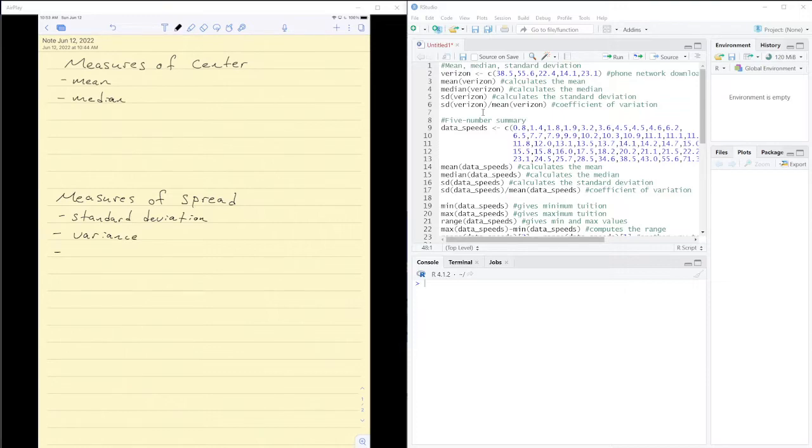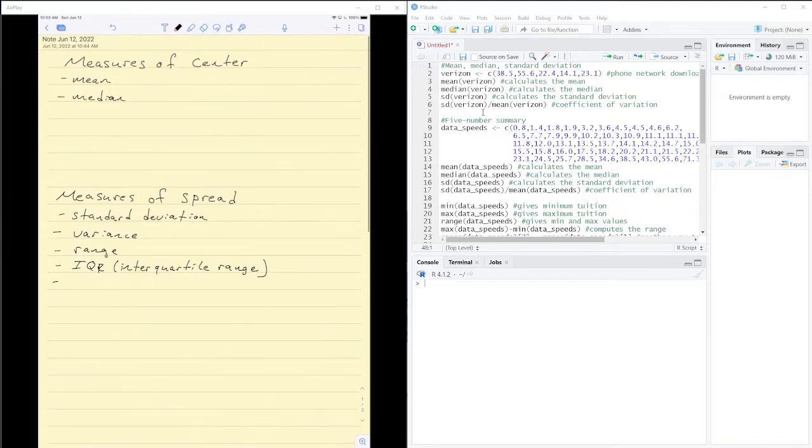We can talk about the range. We can talk about the IQR, which is interquartile range. There is something called the mid-range. There's lots of ways we can talk about here, and this is only a few.